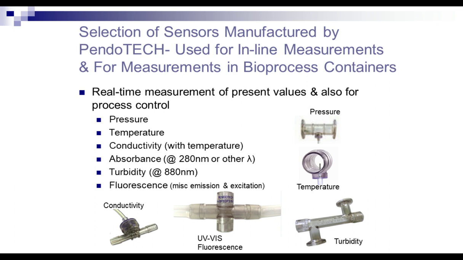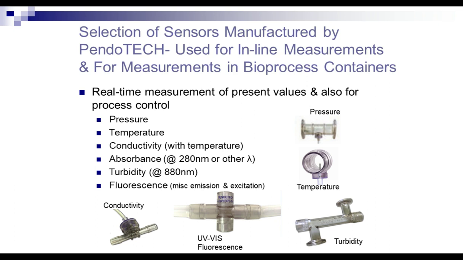Just to give you a visual, we have the pressure sensor up in the upper right corner that has sanitary flanges, also single use. This is available with hose barb connections as well. Right below that, temperature single use sensors. These have hose barb connections, and you can also see the stainless steel probe sticking up in the middle. On the bottom right corner, a turbidity flow cell, single use, that has sanitary flanges.